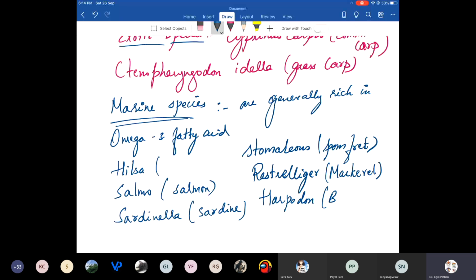Bombay duck. Write down and I'll give you just 1 minute to revise this quickly. Then we'll start with the next part of it. Yes, they are rich in EPA and the DHA.